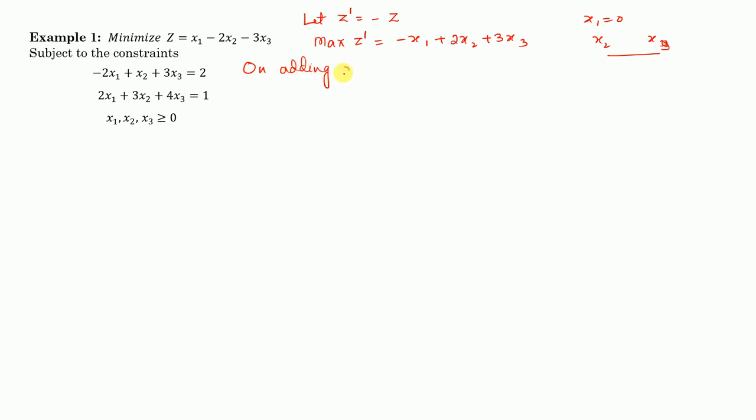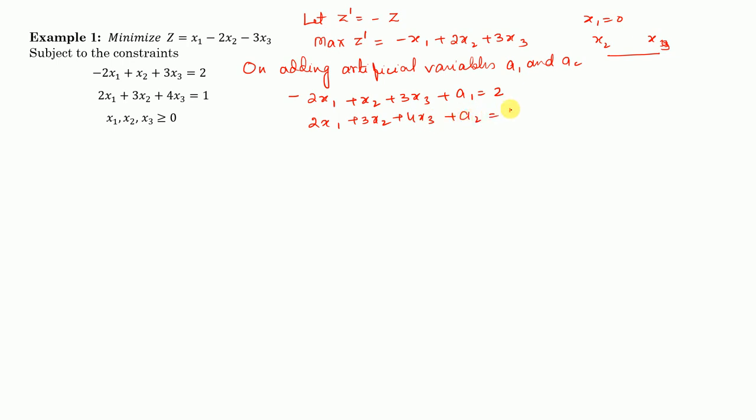So you can write on adding artificial variables a1 and a2. So these equations will be minus 2x1 plus x2 plus 3x3 plus a1 equal to 2, 2x1 plus 3x2 plus 4x3 plus a2 equal to 1.